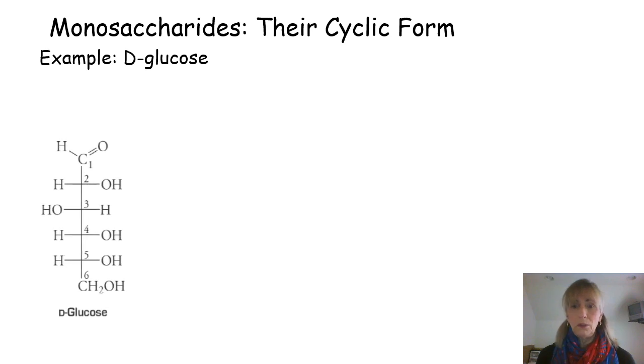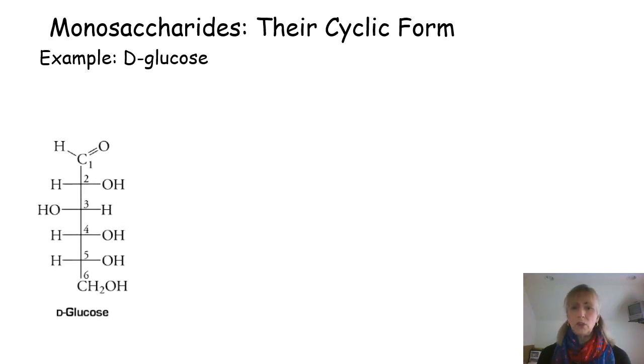For example, let's go back to our good friend D-glucose. We've used it so many times that you should commit to memory the structure of D-glucose: 6 carbons, an aldohexose, aldehyde at the top, right hydroxyl, left hydroxyl, right, and then this CH2OH.